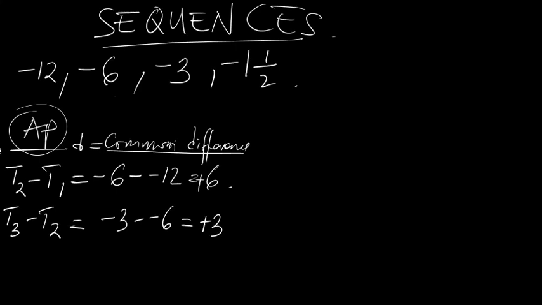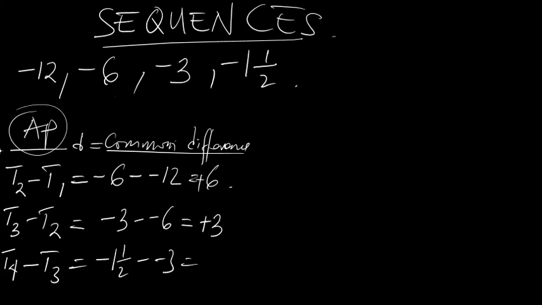Now see, there is no pattern here. So the fourth term minus the third term, this will now give us what? Minus 3/2 minus minus 3. So this will give you, this is minus 3/2.